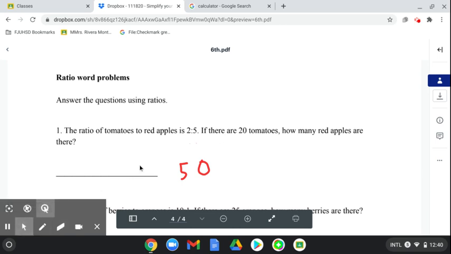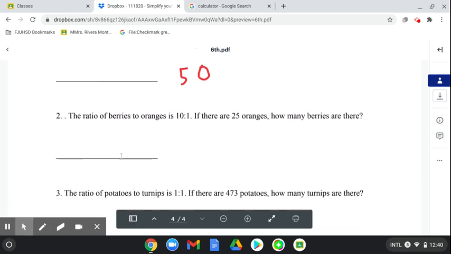Okay, cool. The second question is the ratio of berries to oranges is 10 to 1. So for every 10 berries, there's 1 orange. And if there are 25 oranges, then what you have to do is divide 25 by 1 because oranges is 1. And so you get 25, obviously.